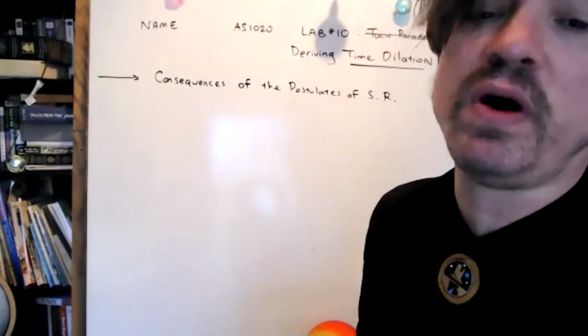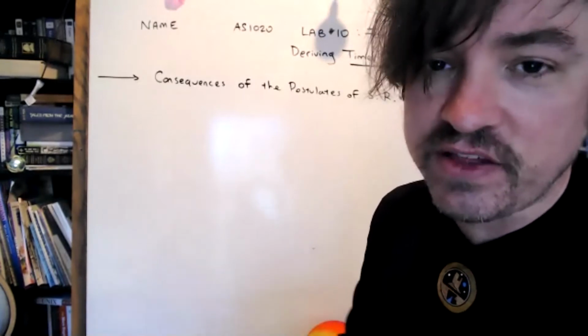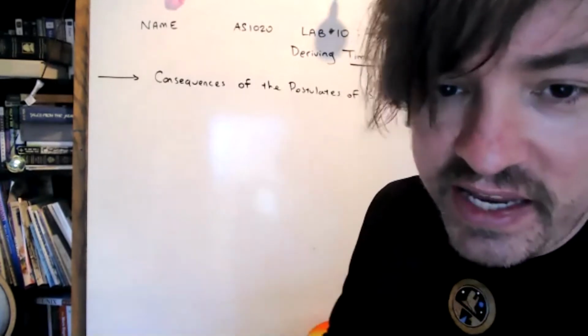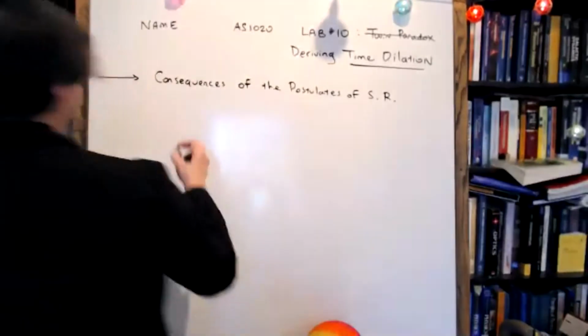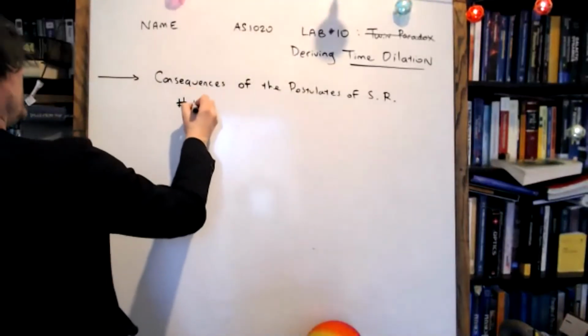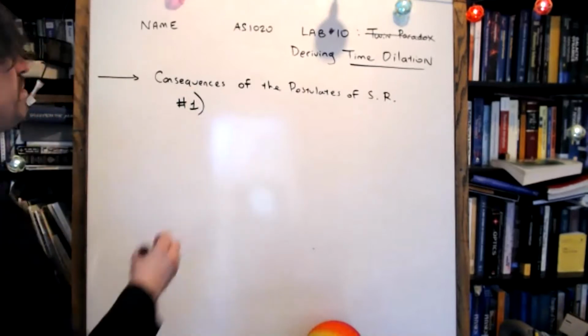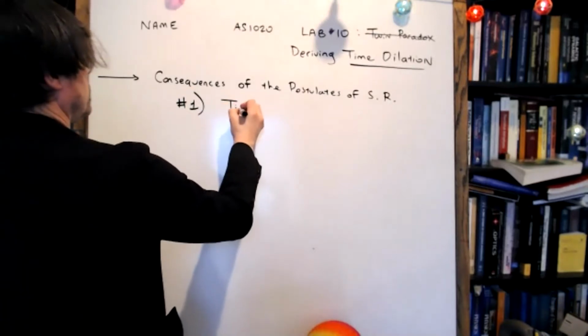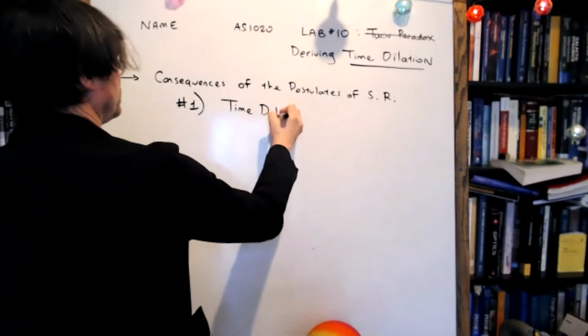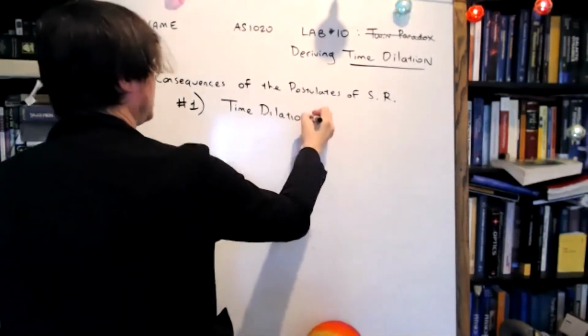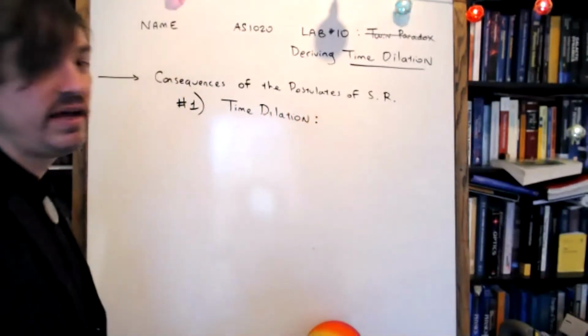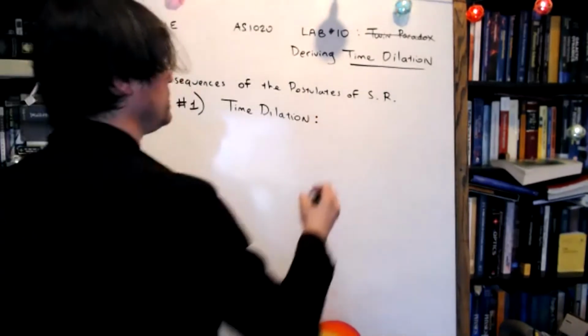And the number one consequence of special relativity that's just totally mind-bendy and messed up to students your first time around, and I'll teach you more of them on Thursday, is called time dilation. And what time dilation essentially means is the following statement.